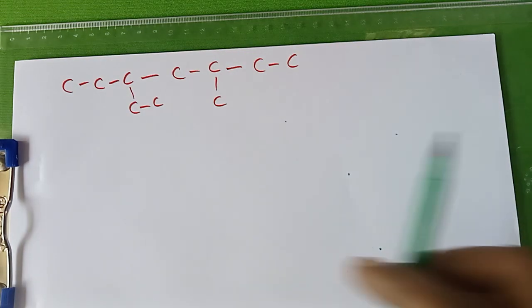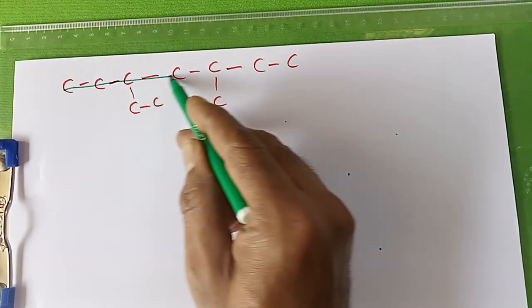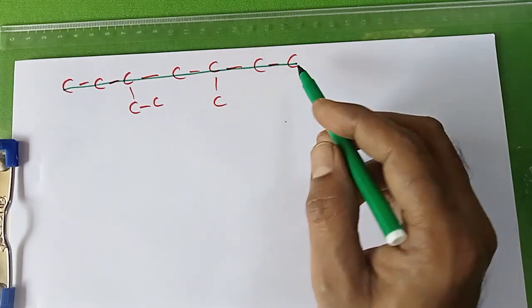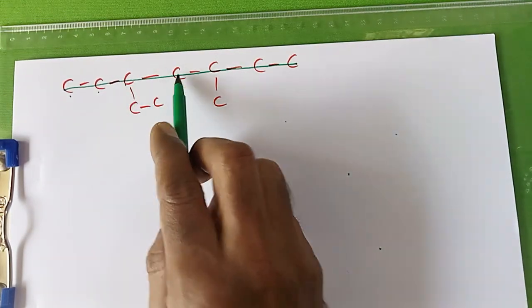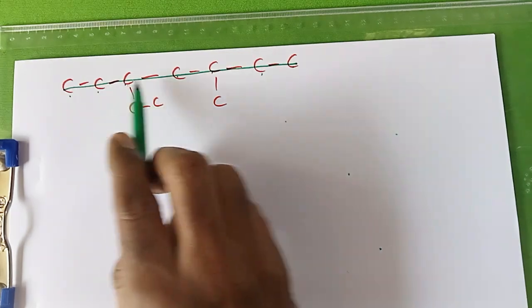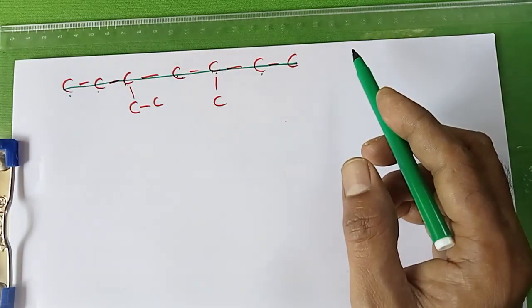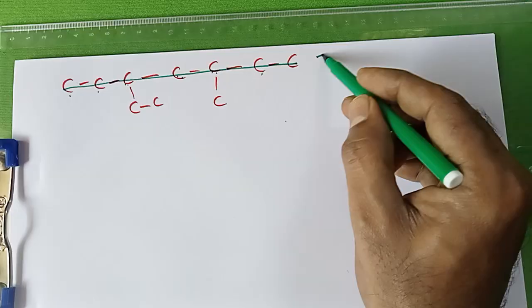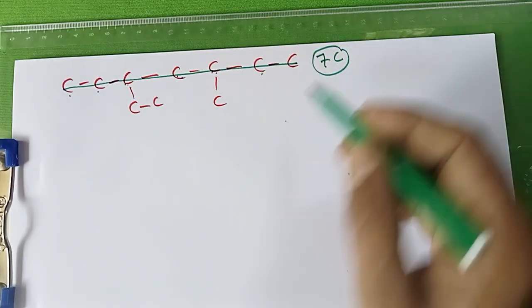This is the longest chain. How many carbons? 1, 2, 3, 4, 5, 6, 7. So 7 carbons in the longest chain. Okay, this is clear.